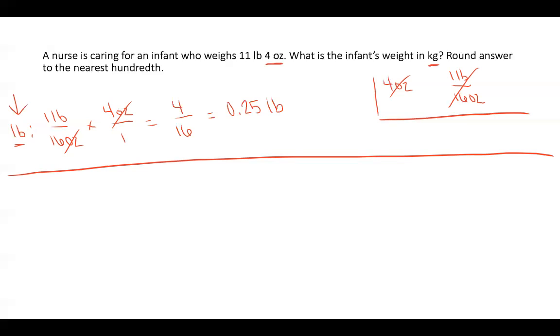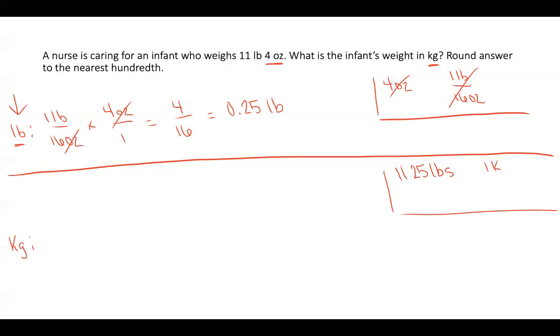So now I can actually convert the infant's weight to kilograms. I'm going to do the exact same type of problem, but now I have the infant's weight in pounds, 11.25 pounds. And I need my conversion for kilograms to pounds.